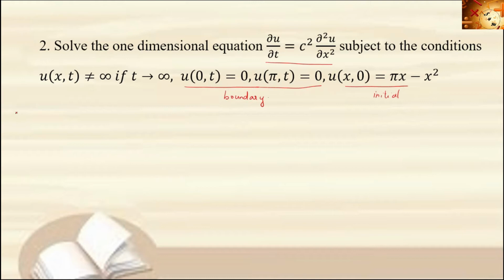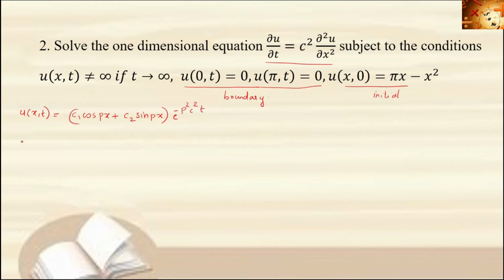First of all, the general solution u of x comma t is equal to c1 cos px plus c2 sin px into e raised to minus p square c square t.